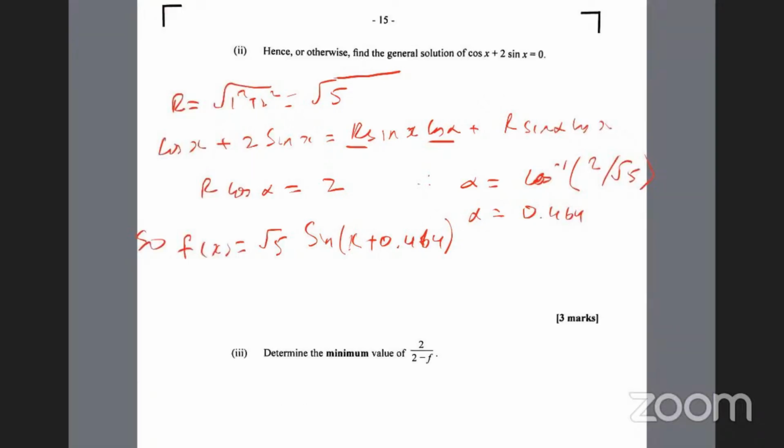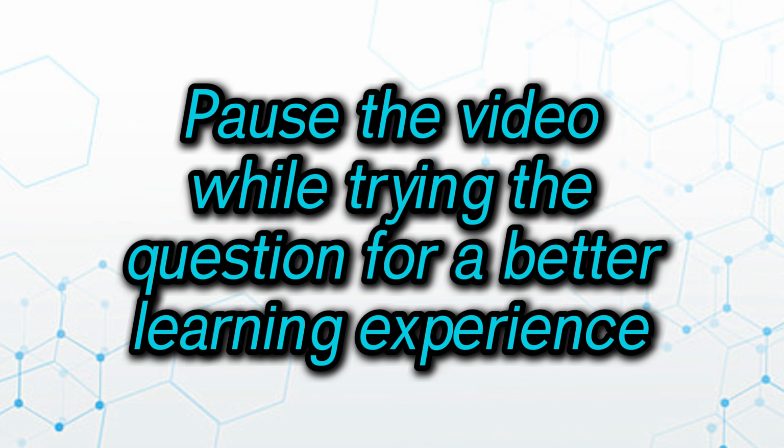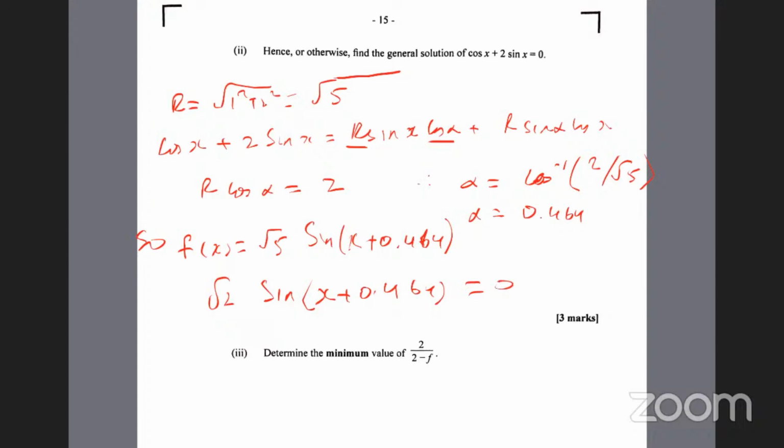And so otherwise, find the general solution. Really and truly, they want us to find the general solution of root 5 sine x plus 0.464 equal to 0. You'll recognize here, when you carry across the root 5, you'll get 0.